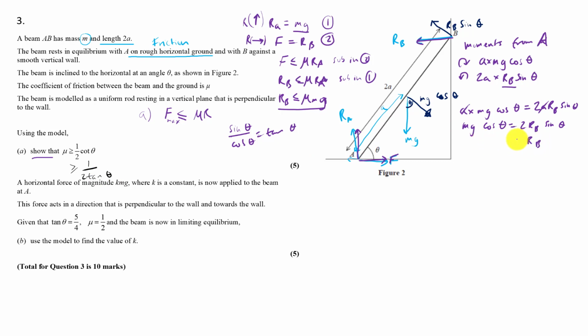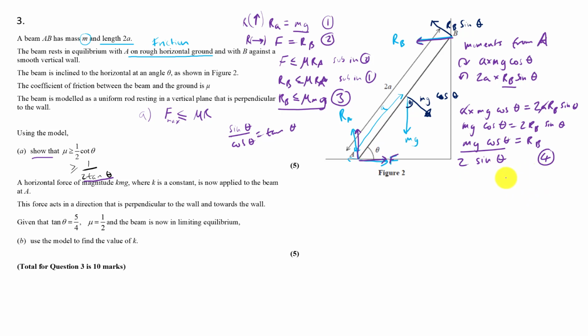Once we isolate the reaction B, we're going to get mg cos theta divided by 2 sine theta. We're going to get something that looks like this bottom bit here, which is looking really nice. So this is an important equation, and I'm going to call that equation 4, and this is a key equation that we reference, that's equation 3.